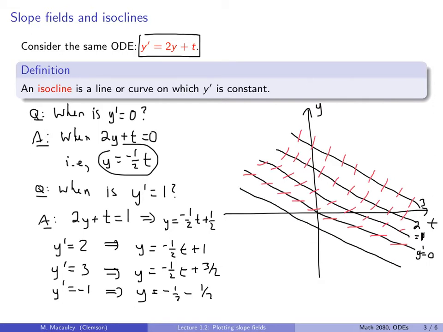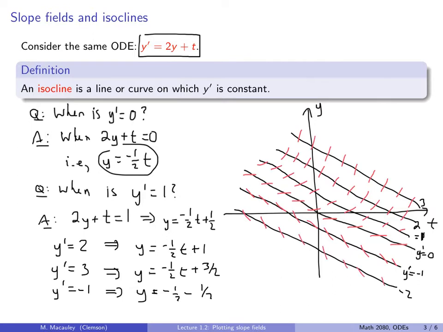On here, y prime equals negative 1. So now that's going to be slightly steeper than the slope of this line. And it's not hard to see that if you can see the pattern. The slope's going to be negative 2 along this line.